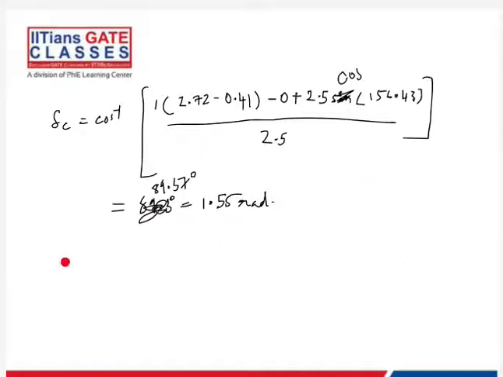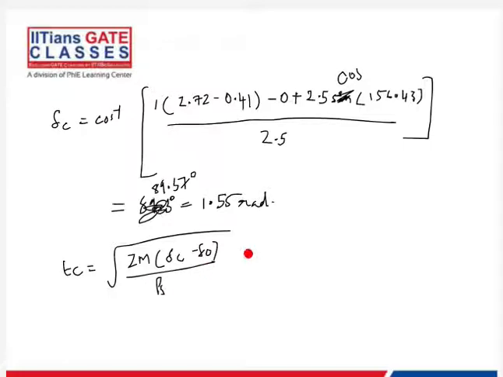Now let's do Tc. What is Tc? This is the square root of 2 into H into (delta c minus delta 0) divided by this. We are given H, divided by, since we are taking these angles in radians, you have to take it as pi f.